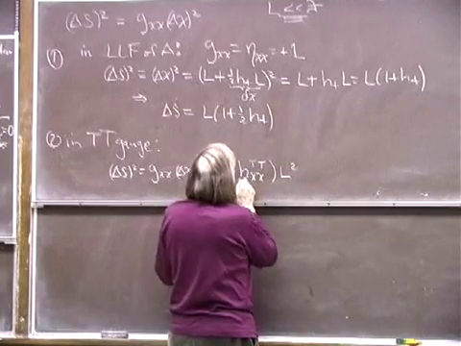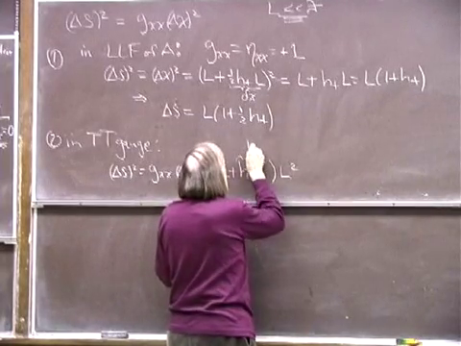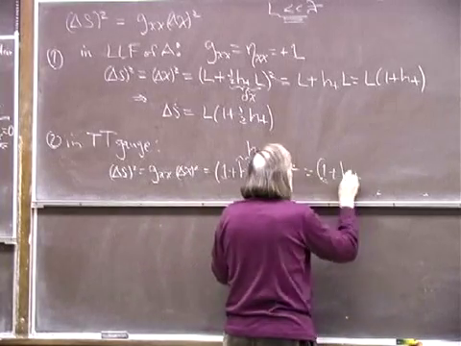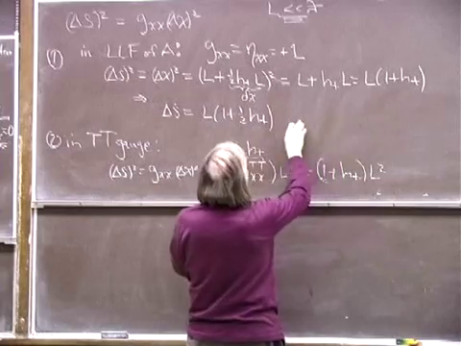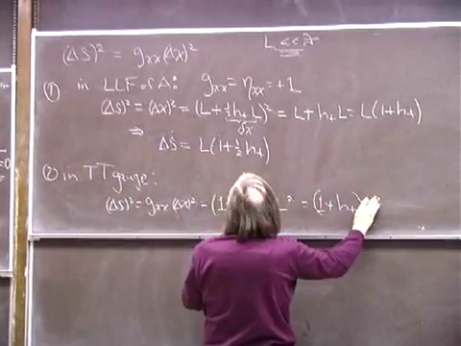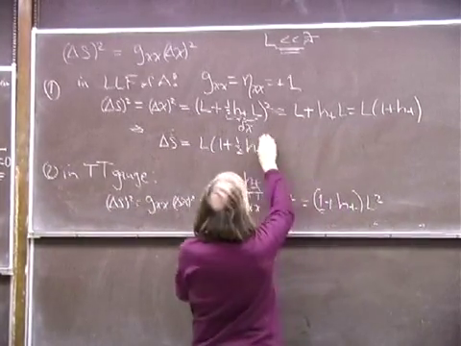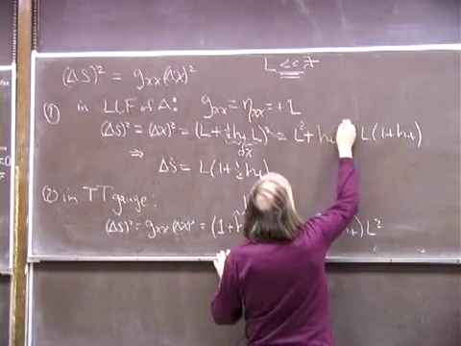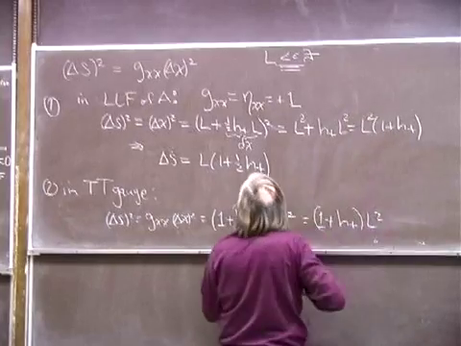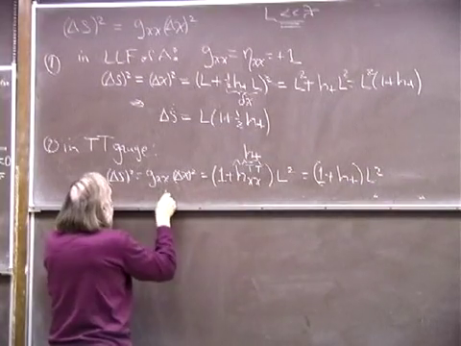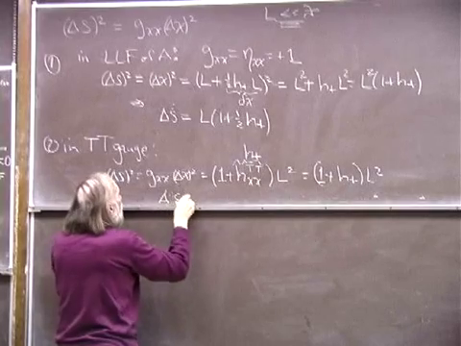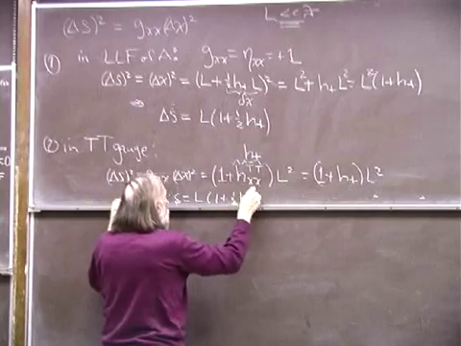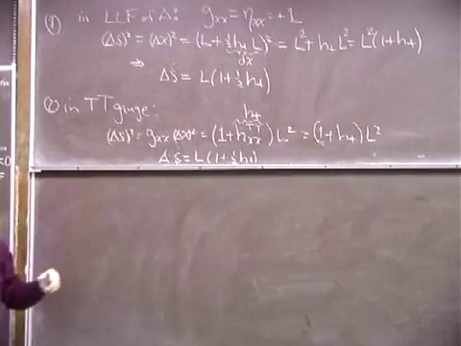Since h xx transverse traceless is just h plus, this is 1 plus h plus times L squared, the same formula as before. Again, delta s is equal to L times 1 plus 1/2 h plus. So the bottom line is the same.